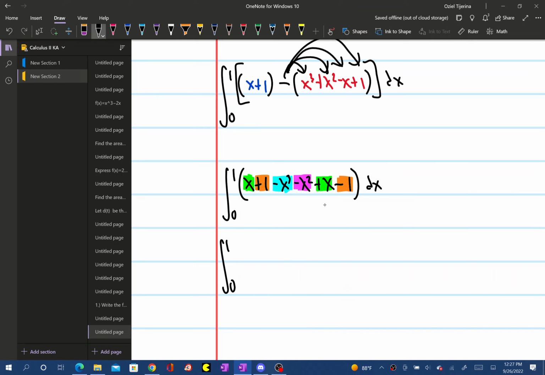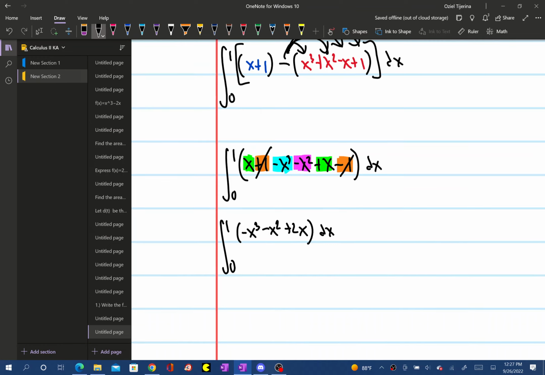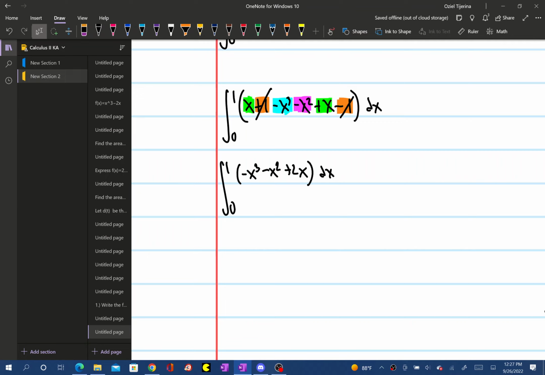So obviously these two cancel out. These two add up, so x and x add up. So we're going to get negative x cubed minus x squared plus 2x, and then dx, right? So we're looking for the area between 0 to 1 of this whole thing.